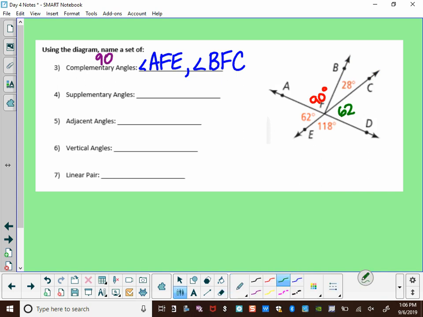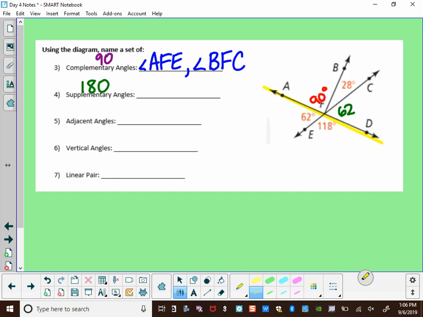All right, let's look at number 4. Sam, supplementary, two angles that add up to what? 180? Yeah, 180. Good. So I need two angles that add up to 180. Here's my straight angle. What's 118 plus 62?